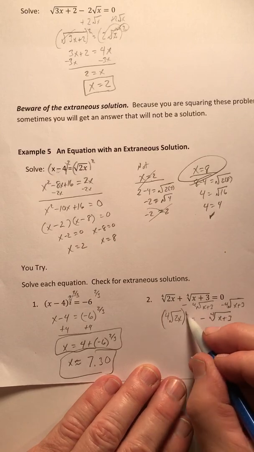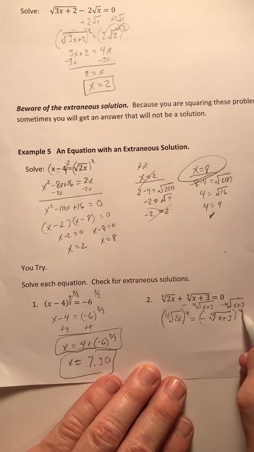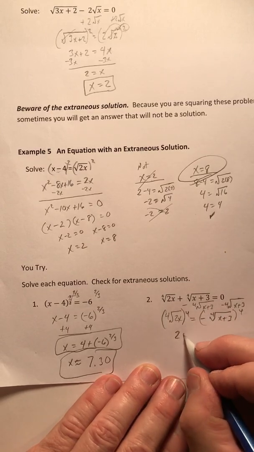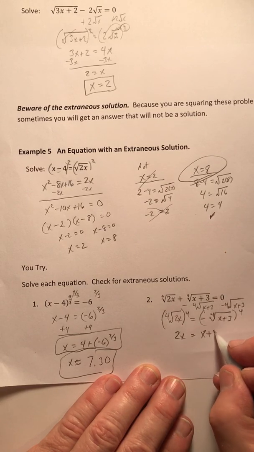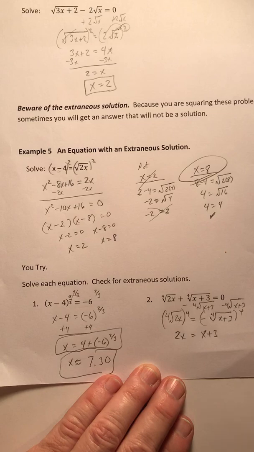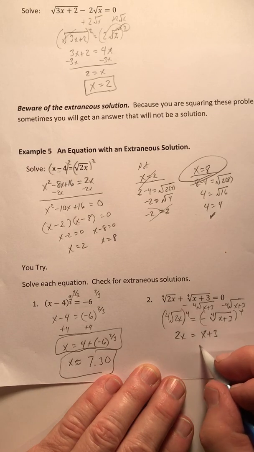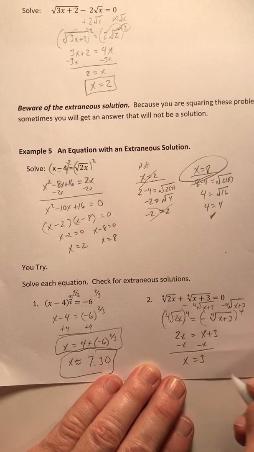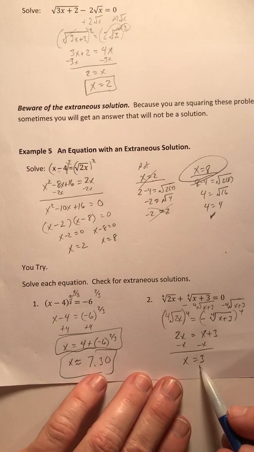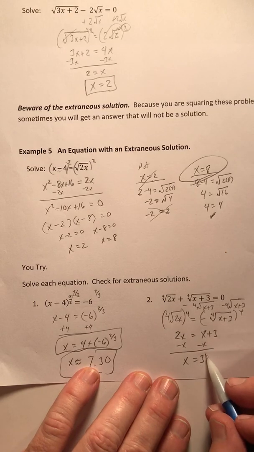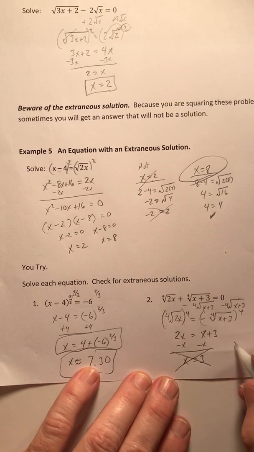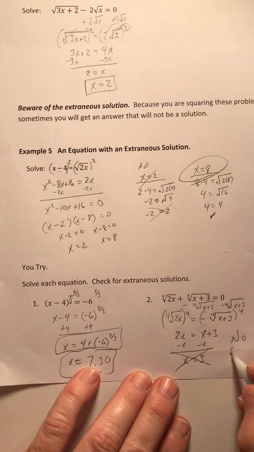Then we do the 4th power, and I get 2x equals x plus 3. Then subtract x, and we get x equals 3. But if you plug this in, you're going to find out that that is not a solution. It's an extraneous solution, so this problem actually has no solution.